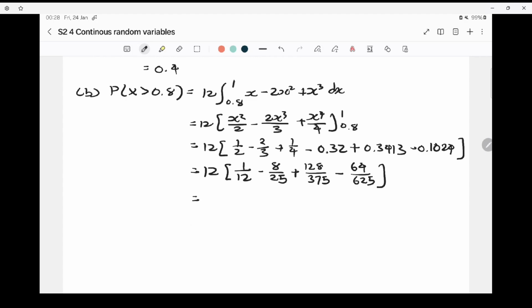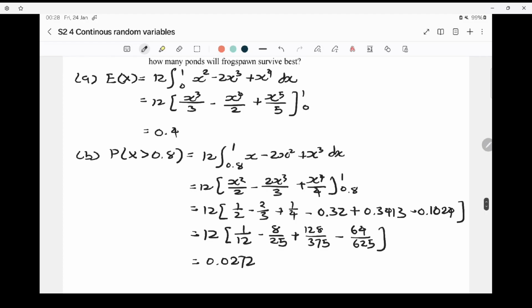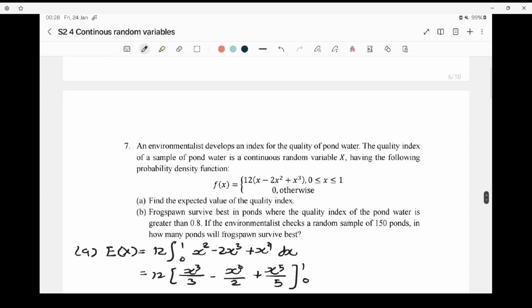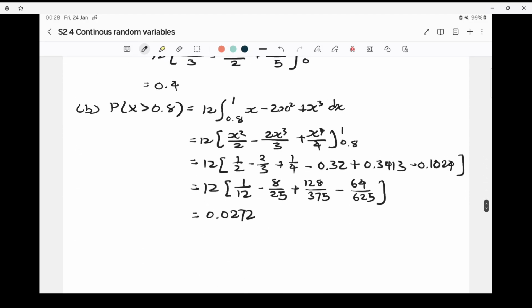Alright, so this will be 0.0272. So now you check 150.